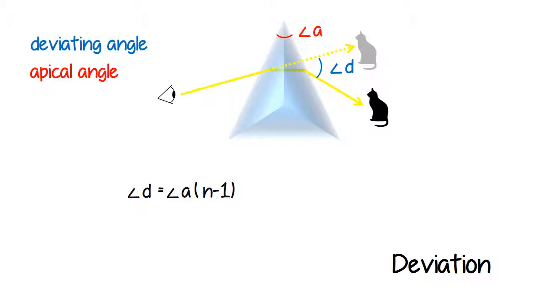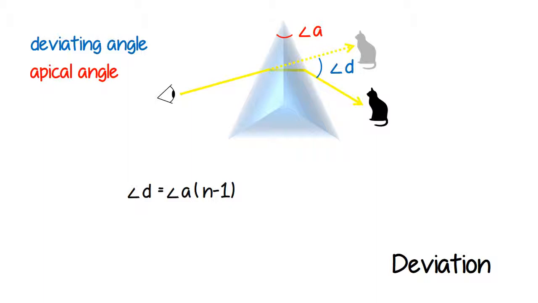So n minus 1 is just the difference in refractive indices. I don't think it's important to memorize this formula, and I'm not going to work out any problems using it, but what is important is to understand what the formula means.